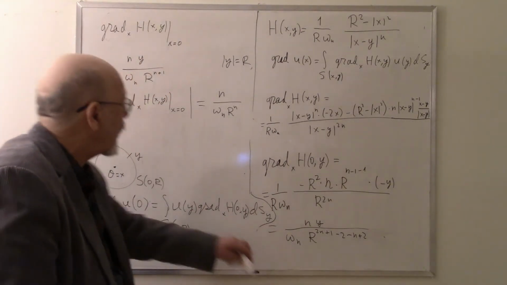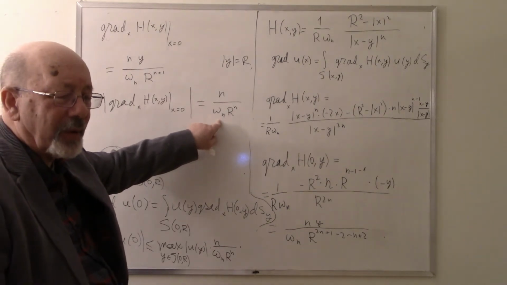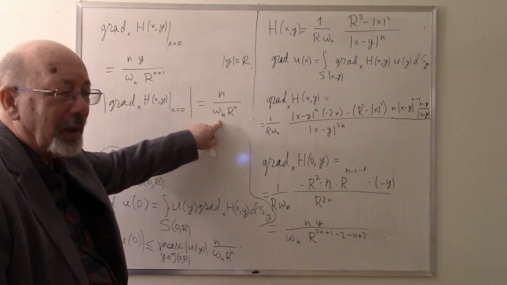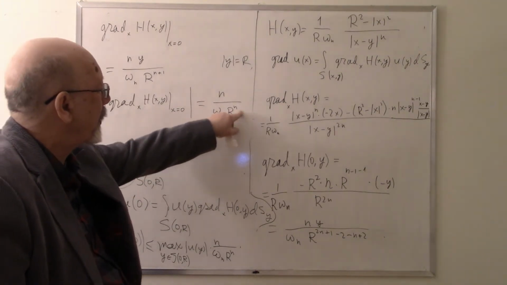The area of the sphere: omega n is the area of the sphere with radius 1, and the area of the sphere of radius r is omega n r to the power n minus 1.